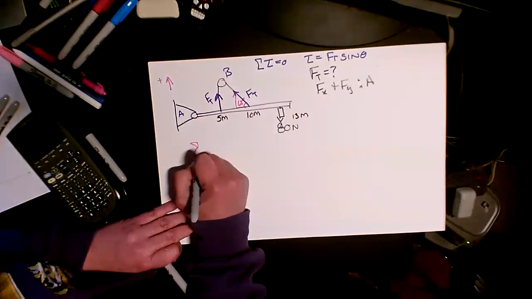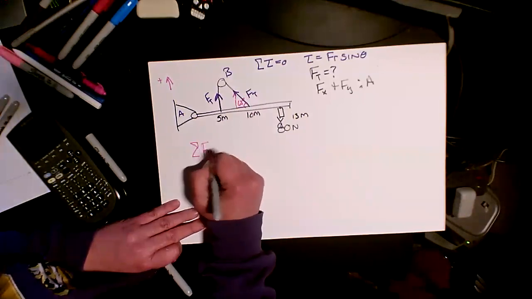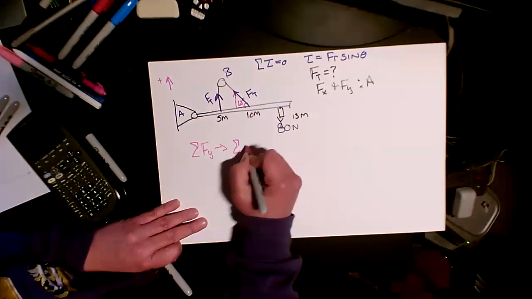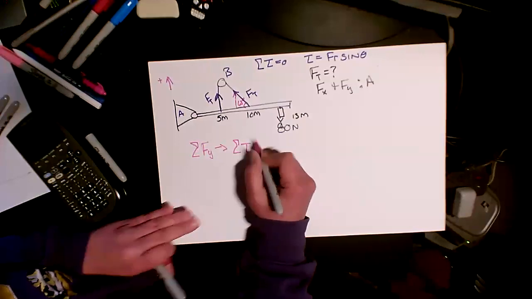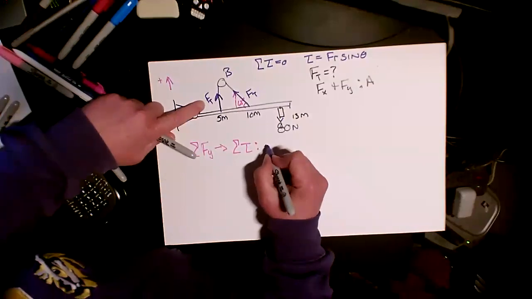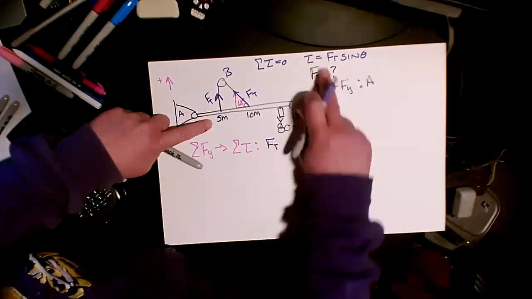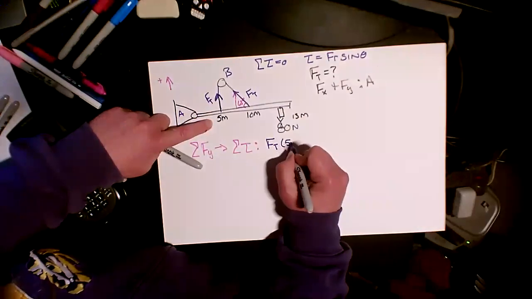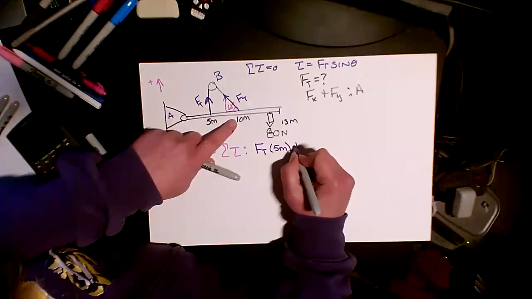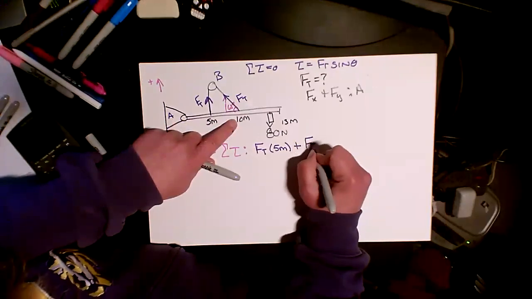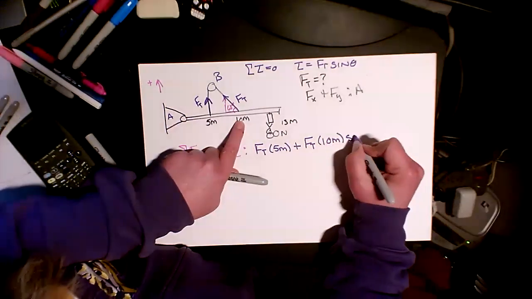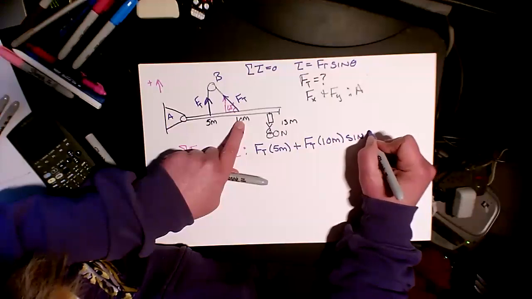So the sum of my forces in the y, or let's just take it straight to the torques, the sum of my torques. What do we have? Up is positive, so I have this force of tension, r sine theta, so at 5 meters. And then I have plus a force of tension at 10 meters, and this one is sine 63.